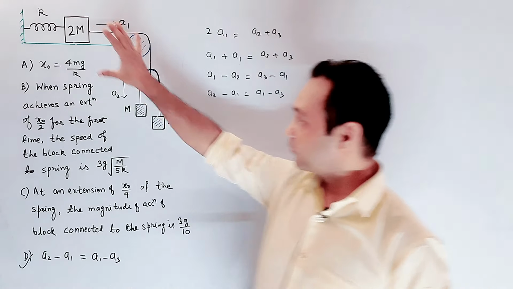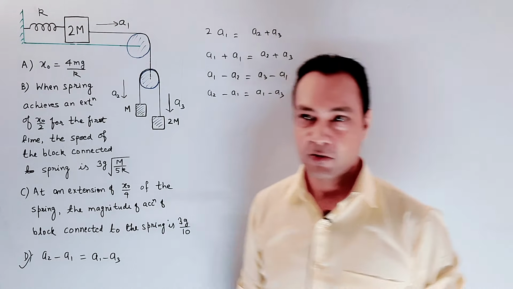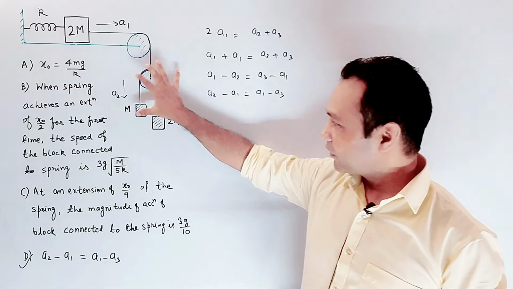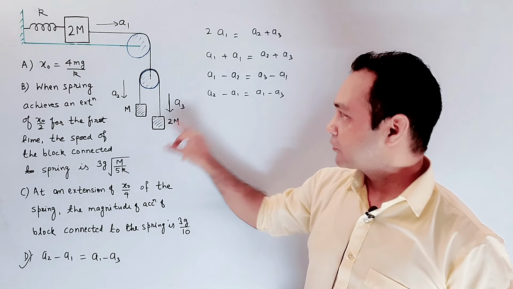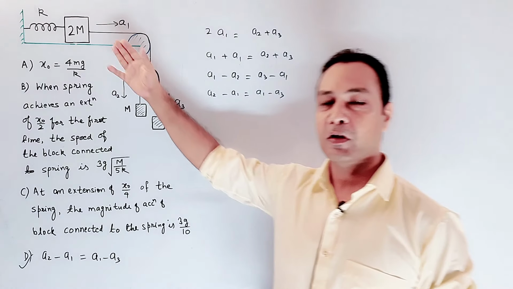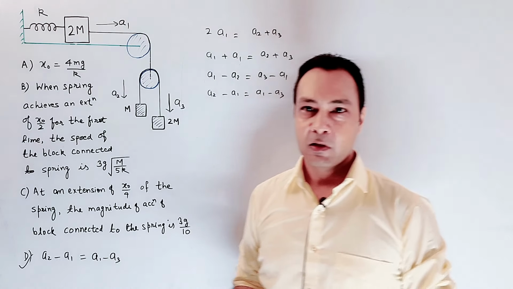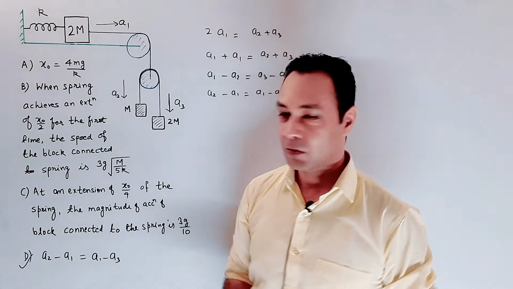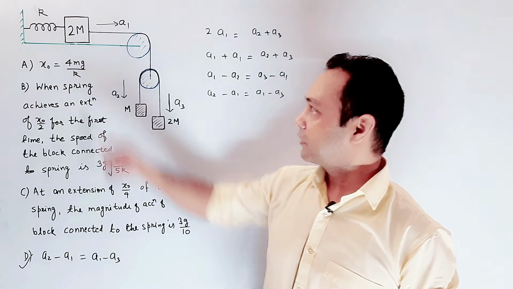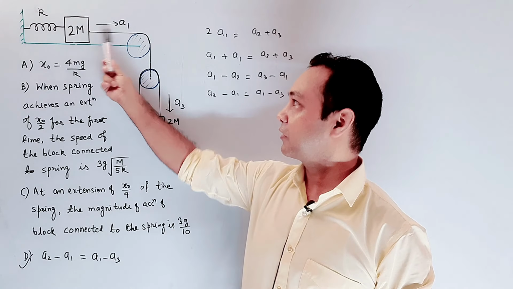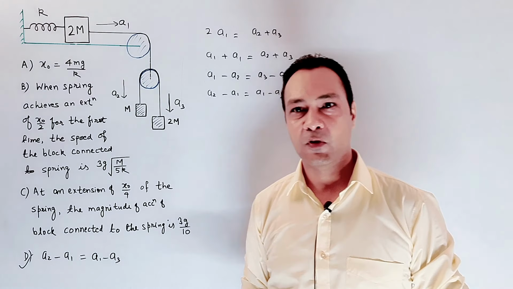So if I have to find only the velocity and acceleration of this block, I don't have to bother about the motion of these two blocks. I have to only bother about the motion of this block, and for the motion of this block, the only thing that is sufficient is this tension. This tension is creating force, and that is the cause of the motion.